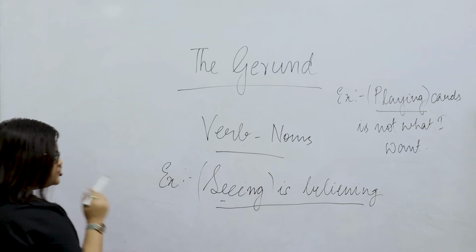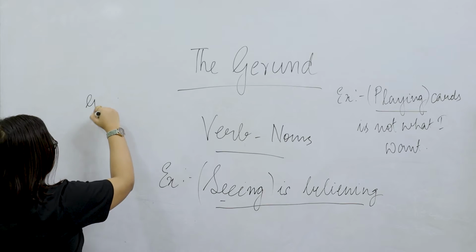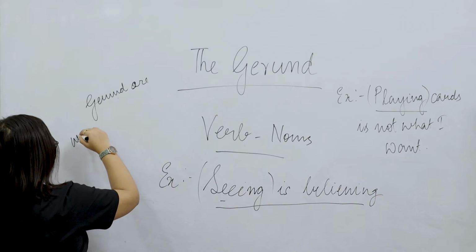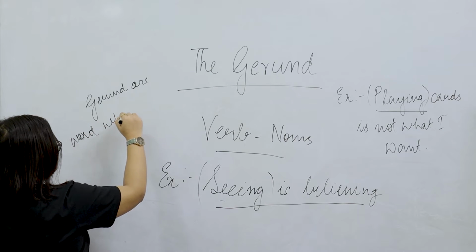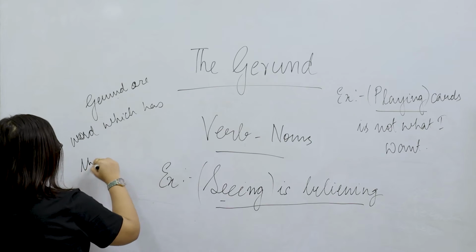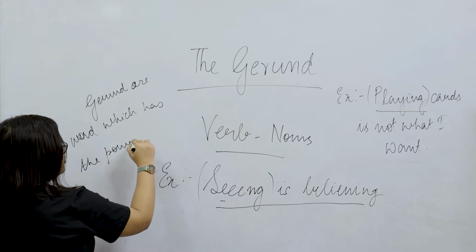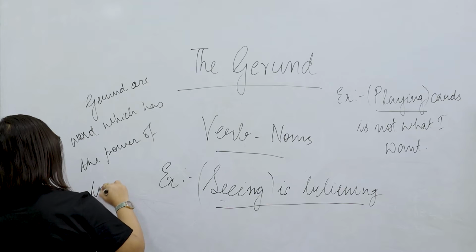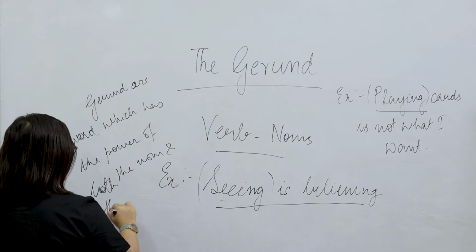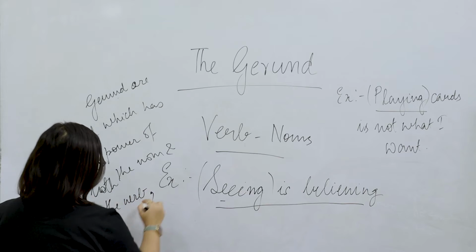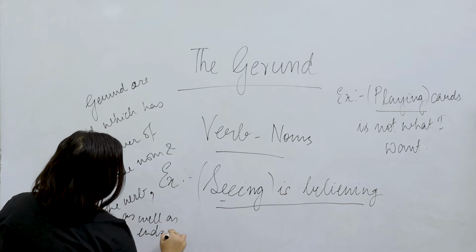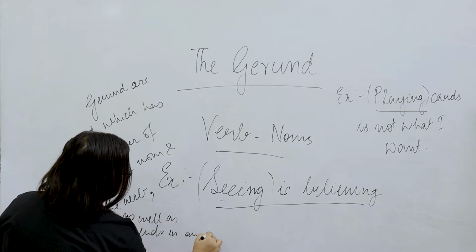If we have to define what gerunds are, we can say gerunds are words which have the power of both the noun and the verb, as well as end in ing.